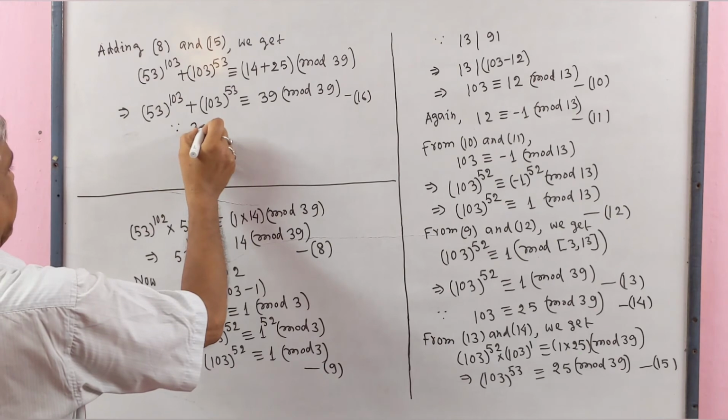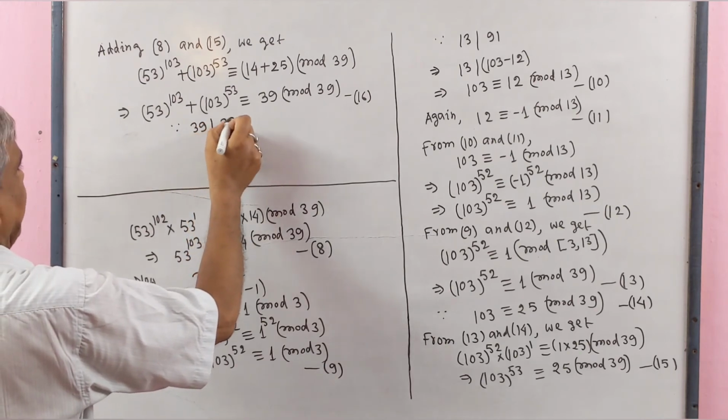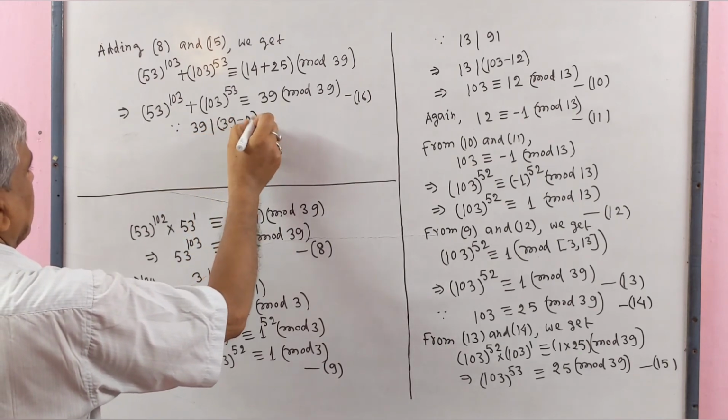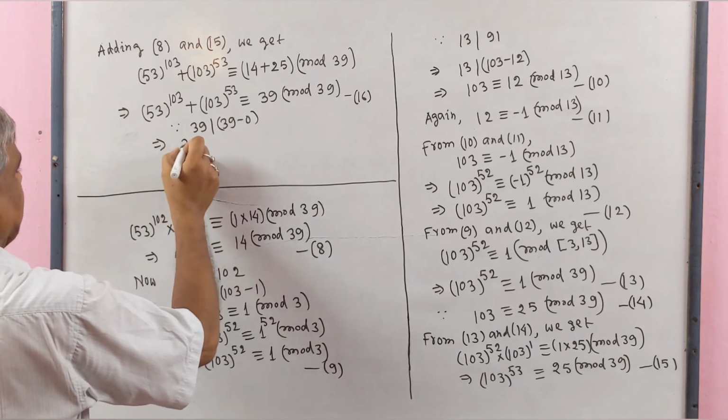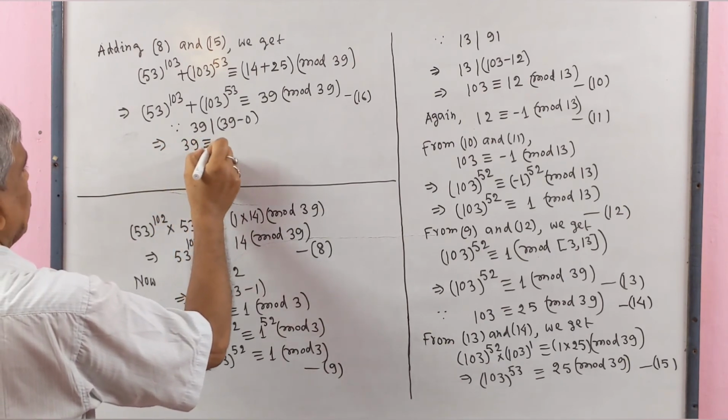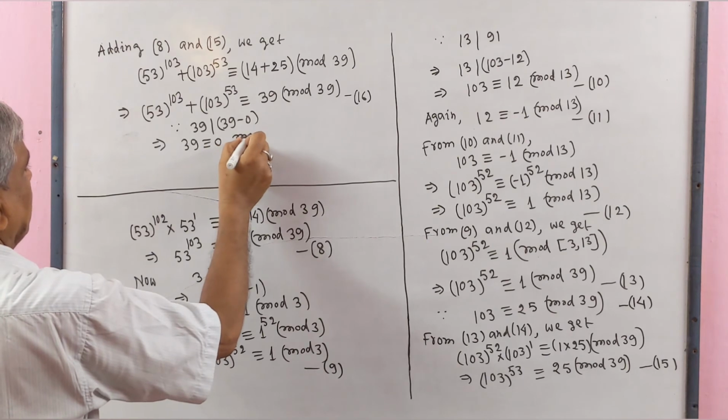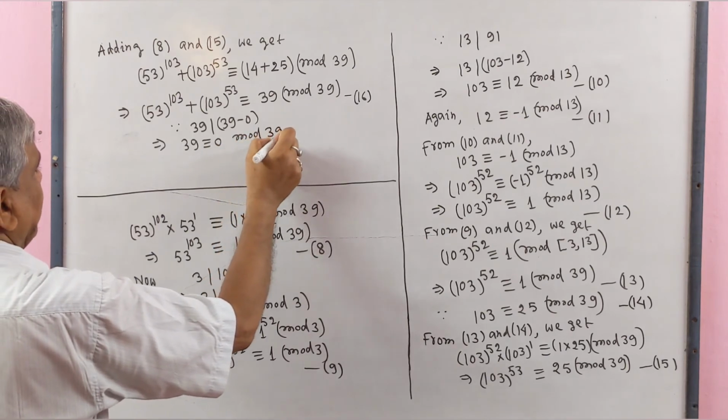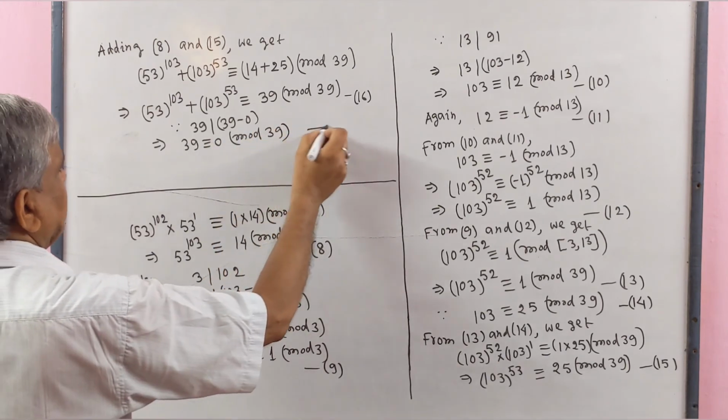Since 39 divides 39 minus 0, this implies that 39 is congruent to 0 modulo 39. This is number 17.